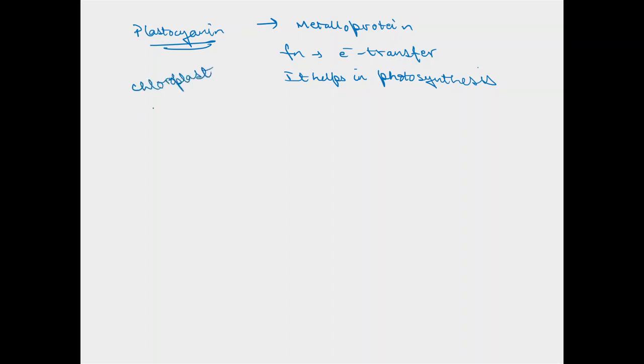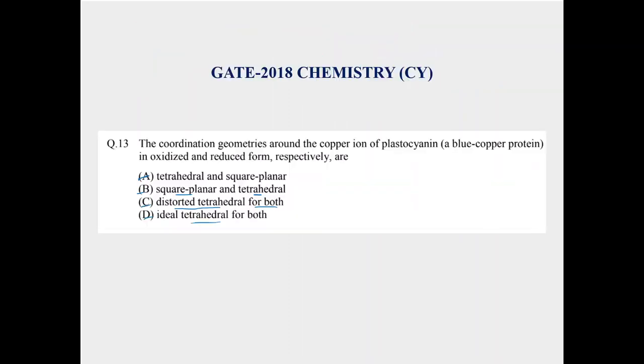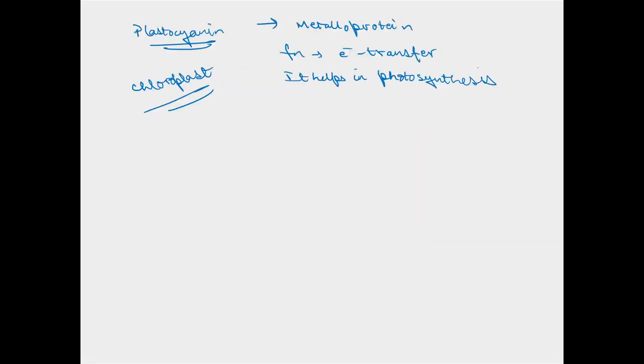Now coming to the structure of this complex. For answering this question, we should know the structure of plastocyanin. It consists of a metal center which is copper, and this copper is coordinated to four ligands. One is sulfur from the amino acid methionine.